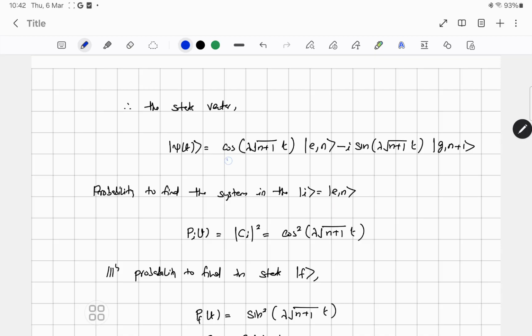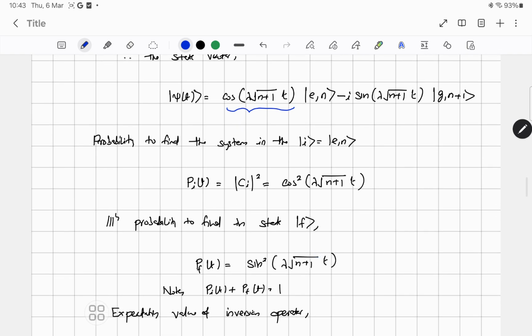The coefficient of the state En is cos of lambda root n plus 1 t. So the probability to find the system in that state is denoted by Pi of t, which is mod Ci square, and that will become cos square of lambda root n plus 1 t.